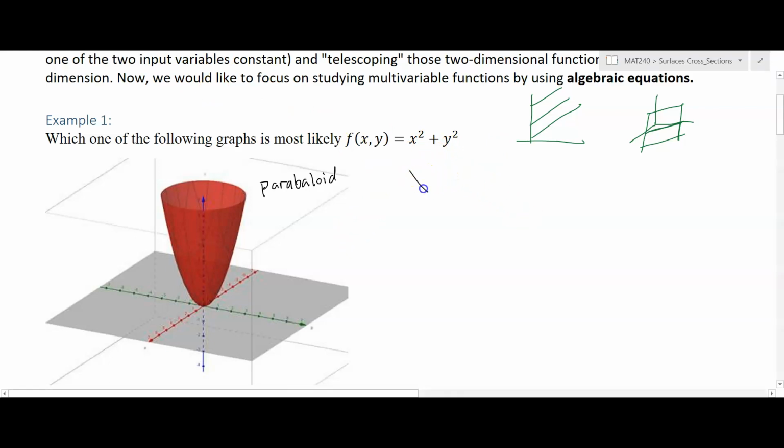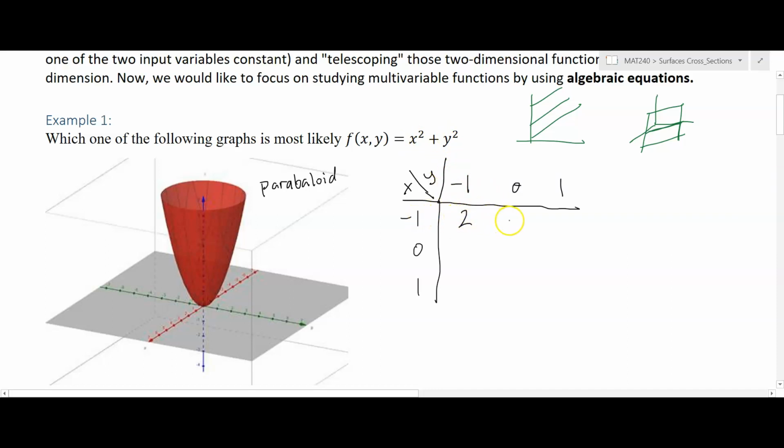One of the things I could do, of course, is create a table, and put my x and my y values along the horizontal and vertical, and just look at different values of x, like -1, 0, and 1, and values of y as -1, 0, and 1. From the function, I can build the corresponding z values for these pairs. If x is -1 and y is -1, the square of -1 plus the square of -1 is going to be 2.